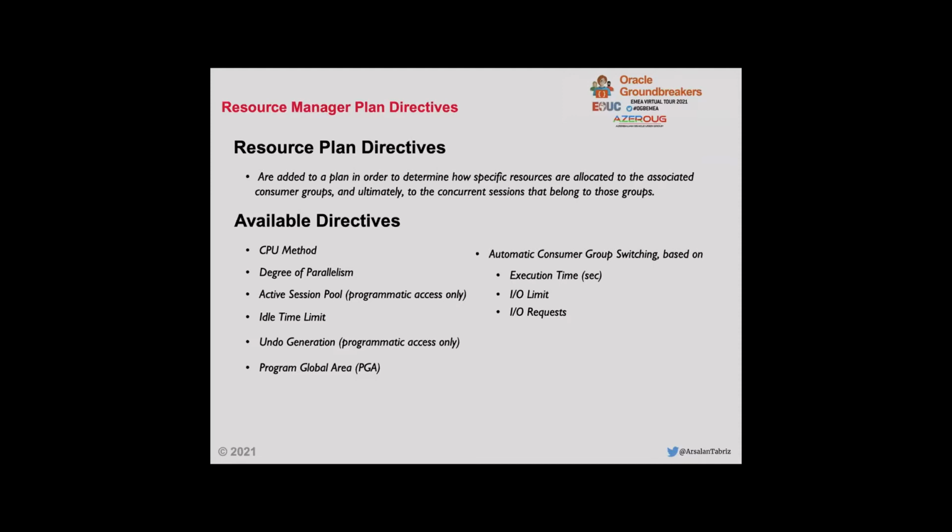Available directives: CPU method, degree of parallelism, active session pool, idle time limit on the generation, program global area, and automatic consumer group switching based on execution time, IO limit, and IO request.